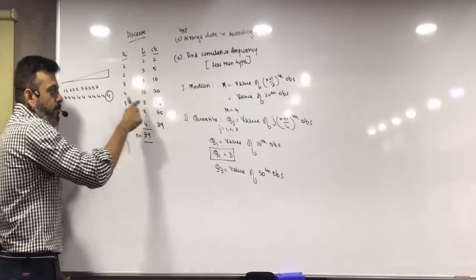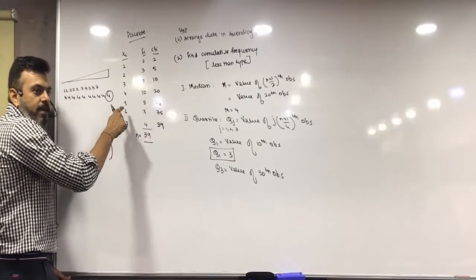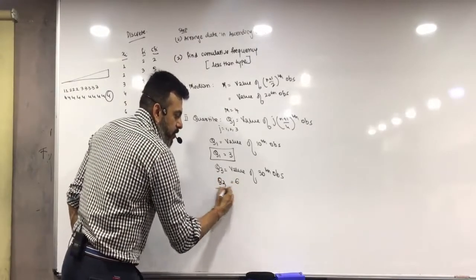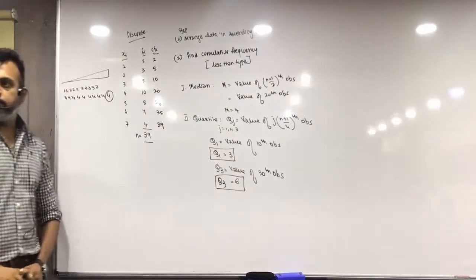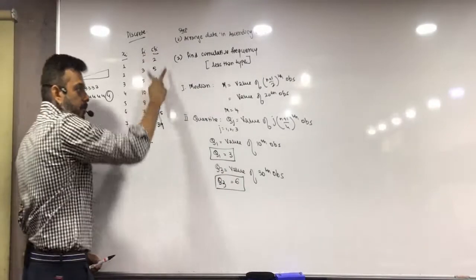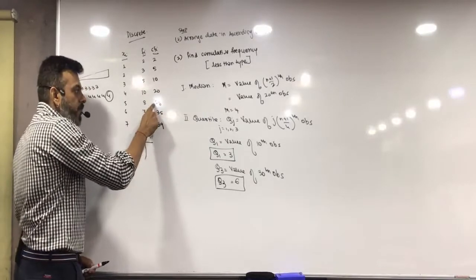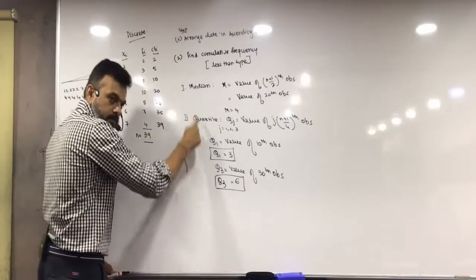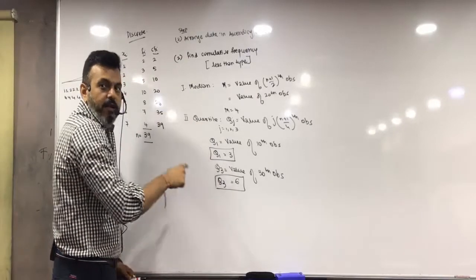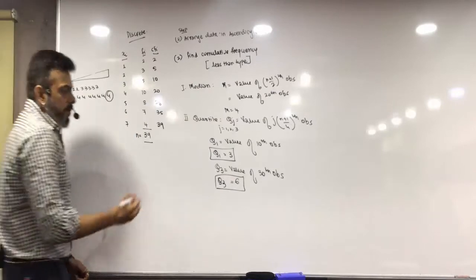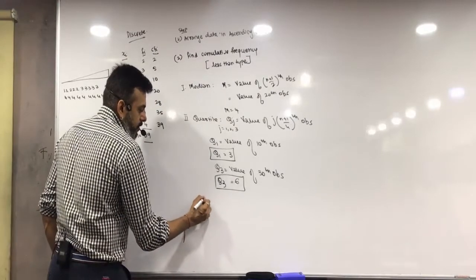So the 29th observation is also 6 and the 30th observation is also 6. You understood this? What you have to do is, using the cumulative frequency column, its corresponding x is your quartile or median or decile or percentile. Now let's go for the third one.